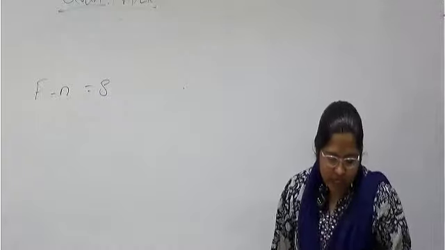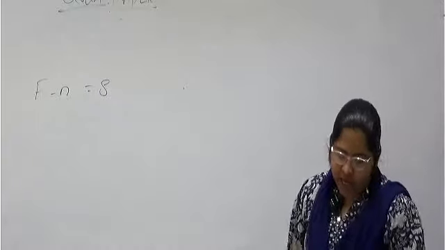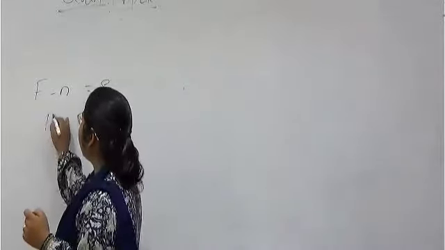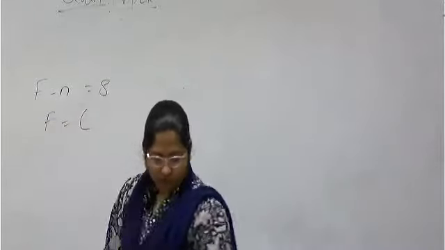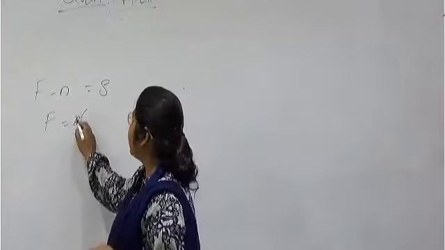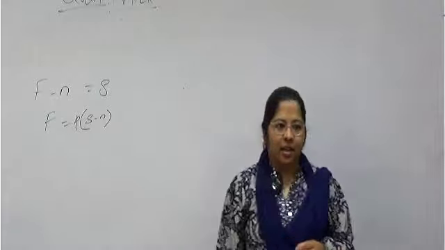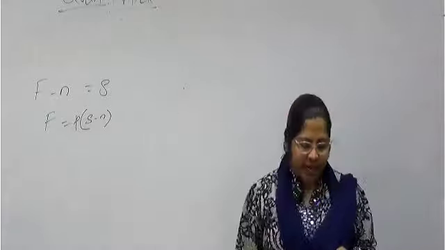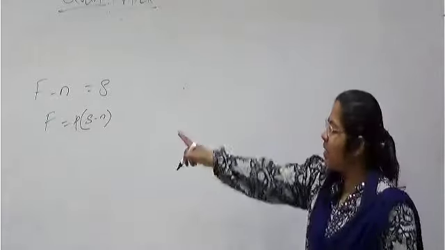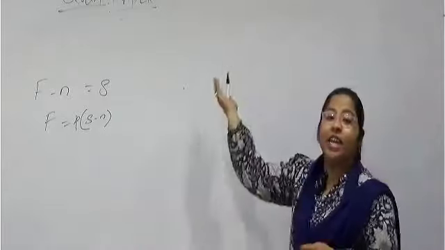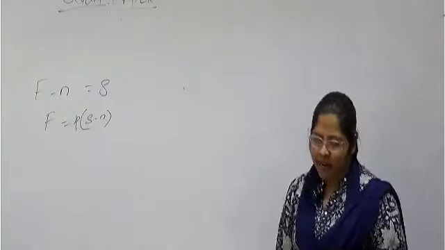My present age is 4 times your age n years back. Is this going with the sentence you just said? My present age, that is F, is 4 times your age of n years back. That's why I have written like that.